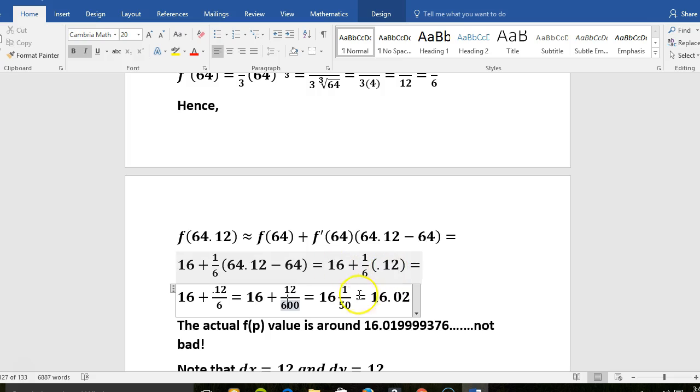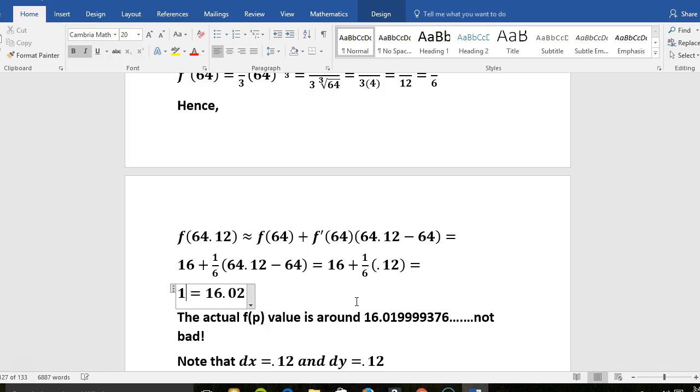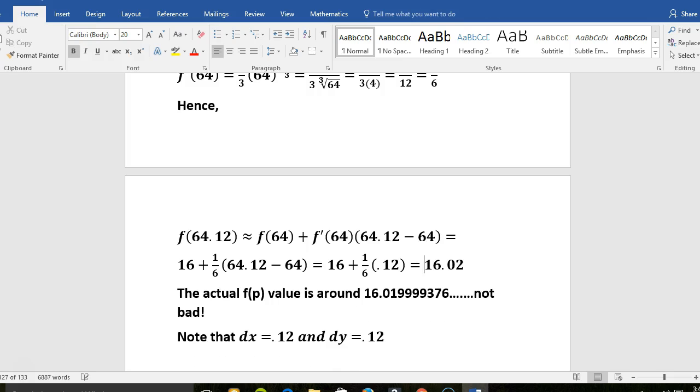So 0.02 plus 16 is 16.02. Just cut to the chase. Forget this unless your professor just makes you do it. So I'm going to get rid of those at the risk of losing information. Sometimes less is more, I think.